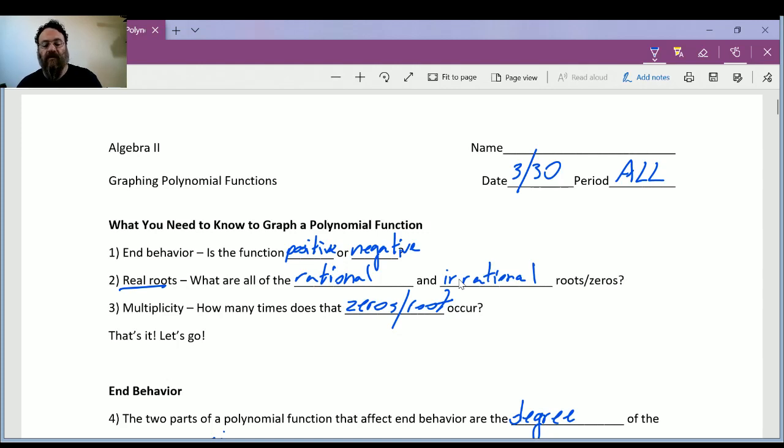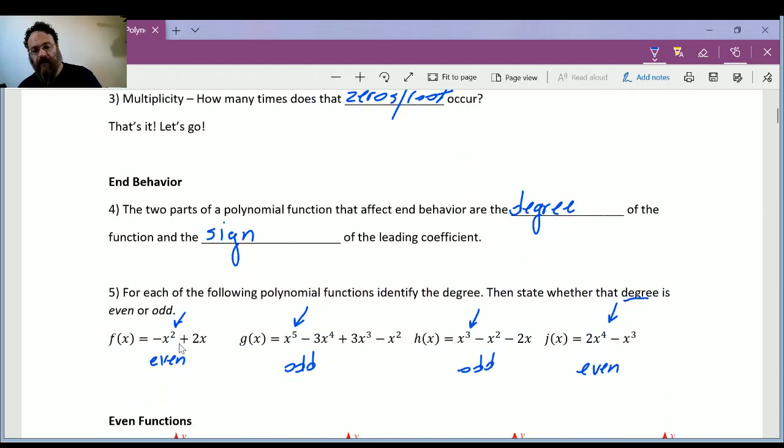And multiplicity: how many times does that zero or root occur? That's it. Everything else is what we've been doing. Like I wrote before, the two parts of the polynomial function that affect end behavior are the degree of the function and the sign of the leading coefficient.